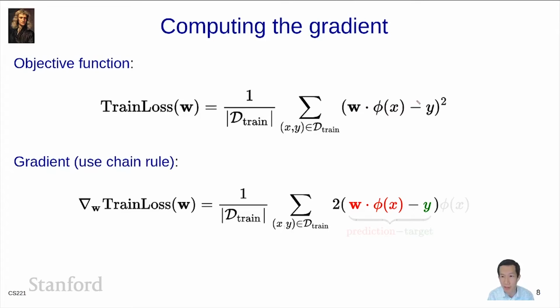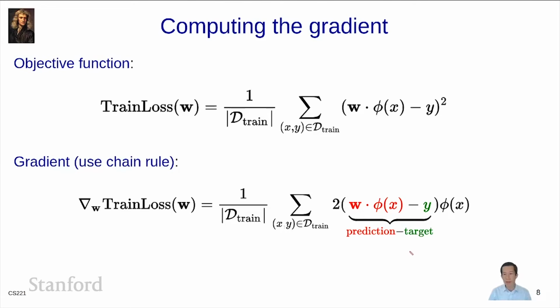Phi of x is a constant, y is a constant, so the gradient of that residual is just phi of x. And notice there's something interesting I want to point out here, which is that the gradient can be expressed as the residual times the feature vector, where the residual is the prediction minus the target.